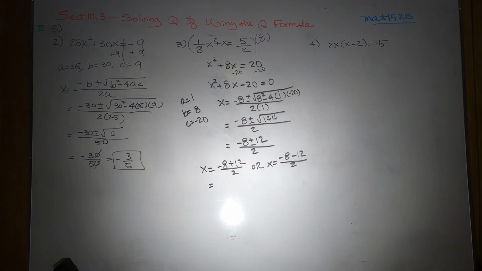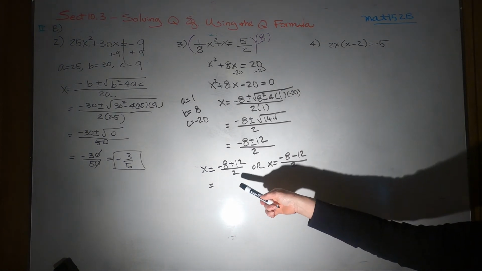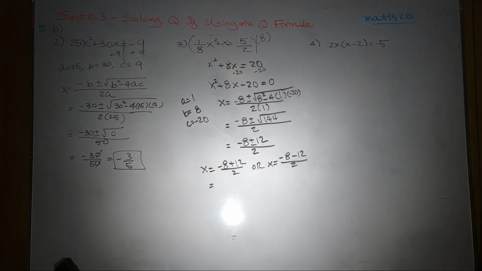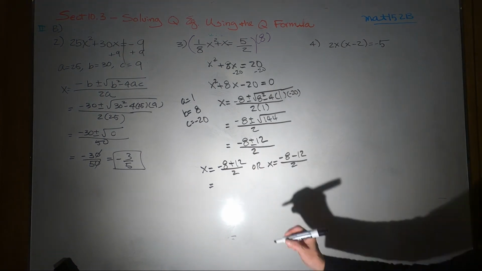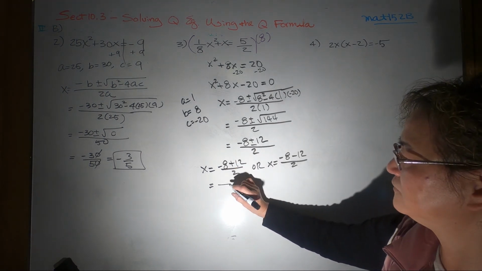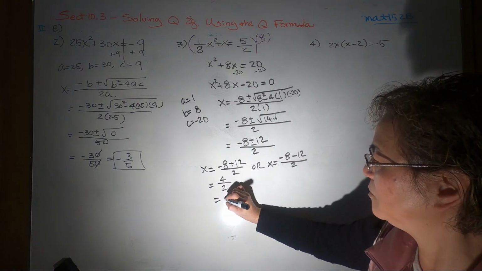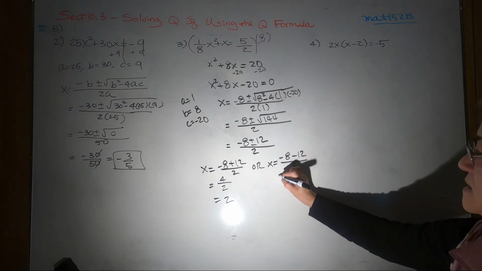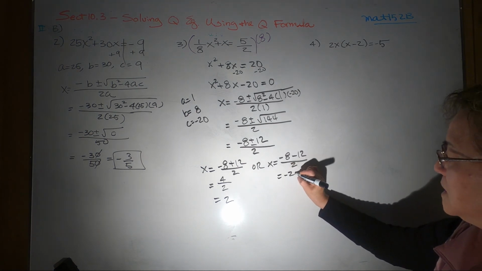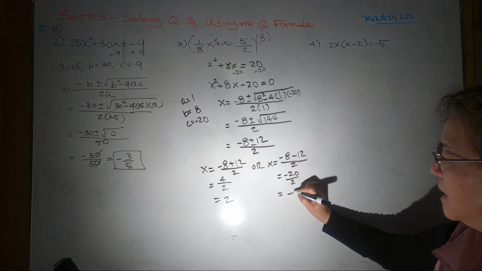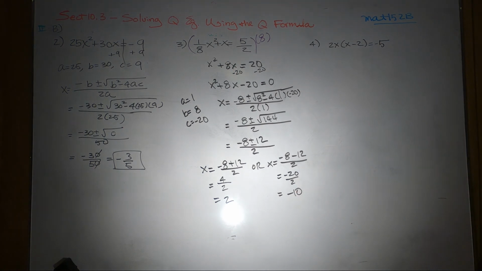If you get confused about how to do this, you just do your fractions. Simplify numerator and denominator, right? That's 4 over 2, so that would be 2. Then this one, negative 20 over 2, that would be negative 10, right?